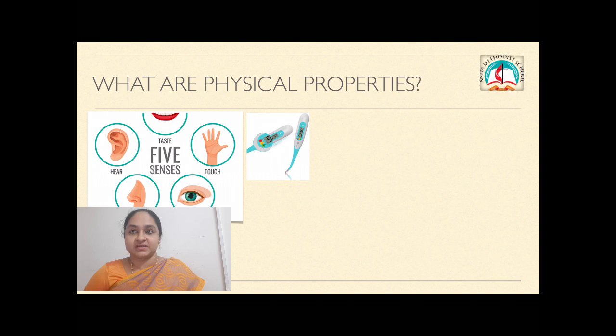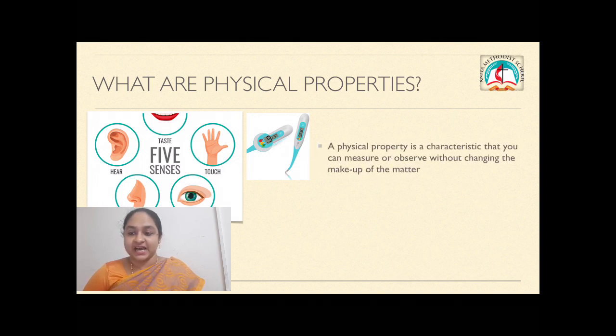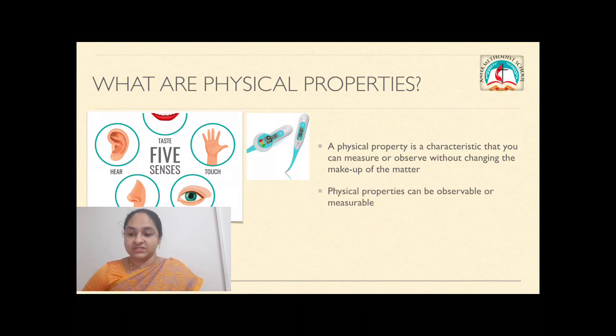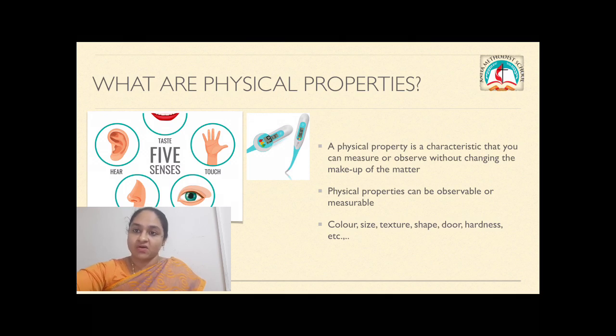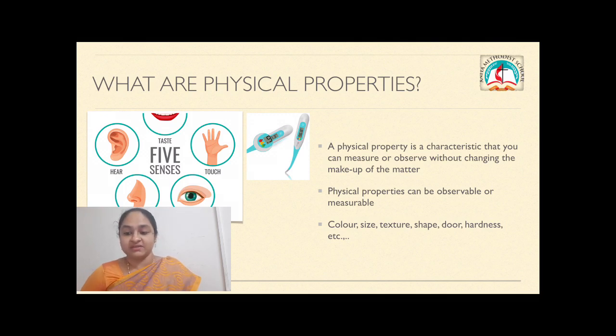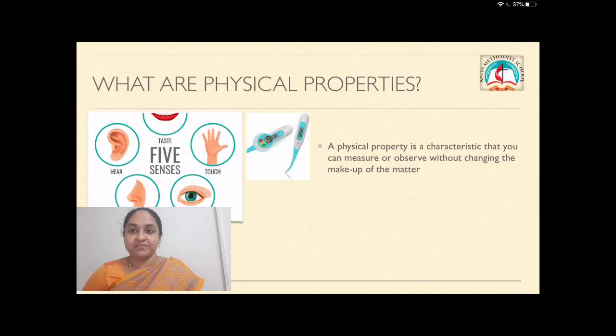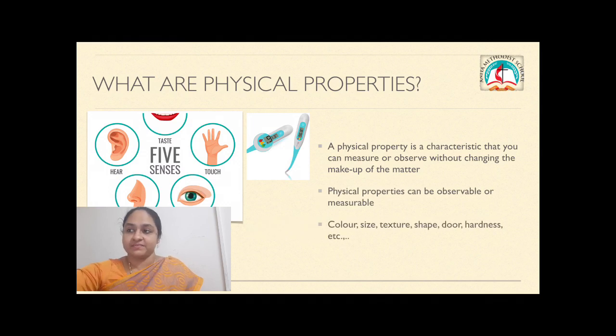Your senses of sight, hearing, touch, taste and smell, or you can measure them using tools like a thermometer to measure temperature. So physical properties are observable or measurable, and we can observe the color, size, texture, shape, the odor and the hardness of the material.